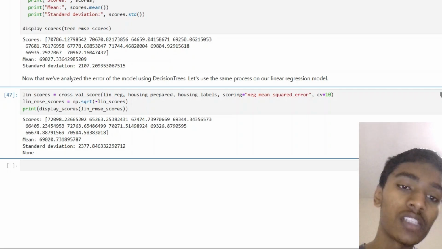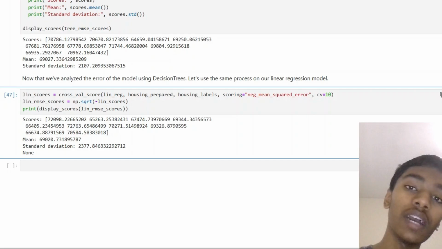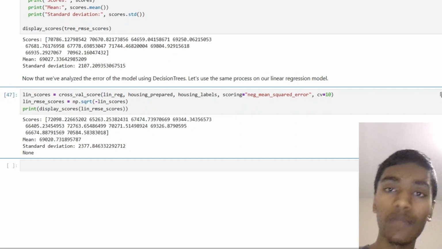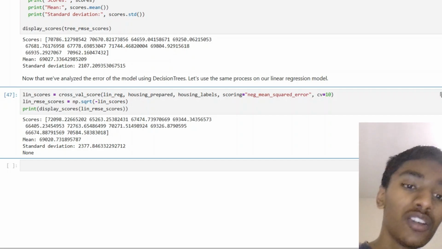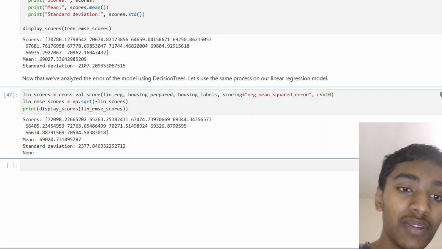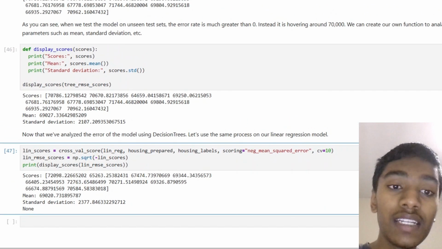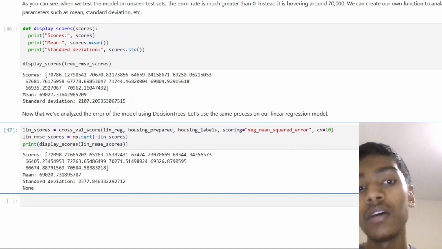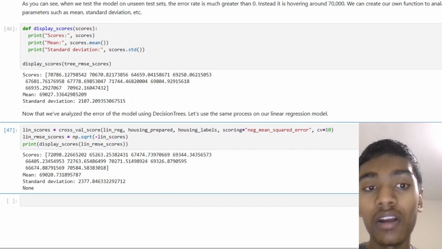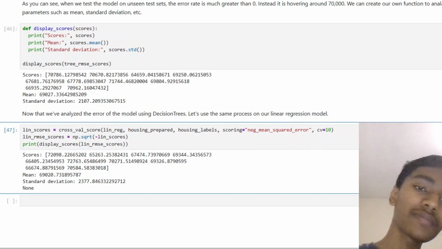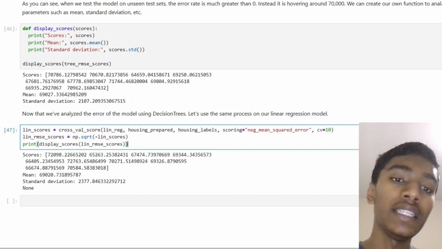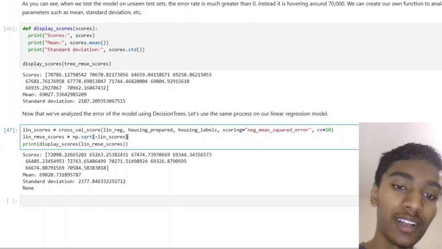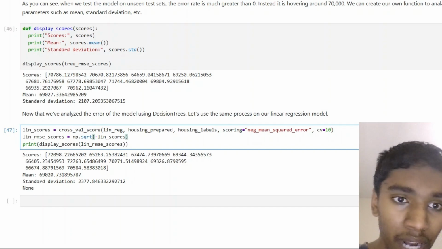Well, it's the positive root mean squared error, which means the higher the root mean squared error is, the worse the model is doing. So it's very similar numbers here, but you can see that the decision tree regressor had a higher mean root mean squared error than the linear regression model did, just by a tiny number, actually.